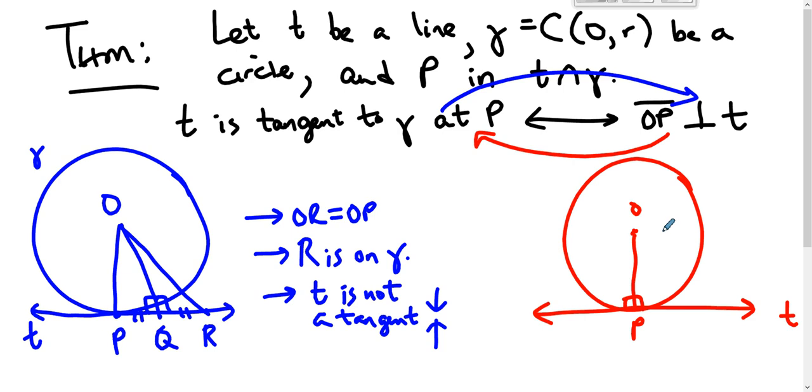So we imagine what would happen if this line intersected the circle again. It would do so at some point R that was the same distance from O that P was. And if that's the case, then triangle OPR is isosceles with two right angles, and that's just all sorts of contradiction.